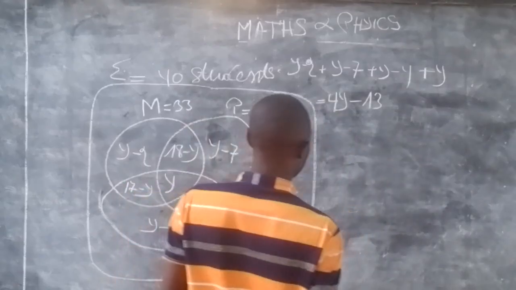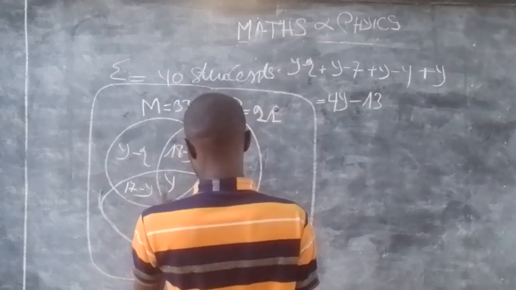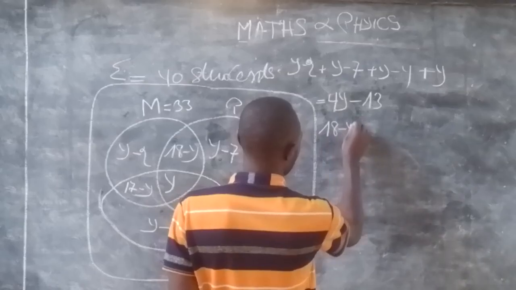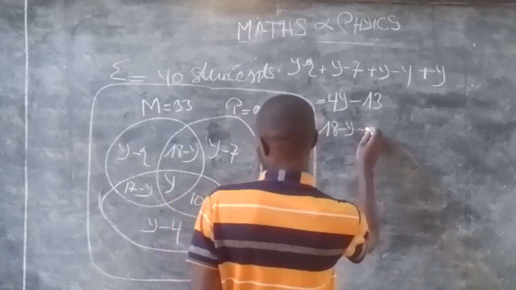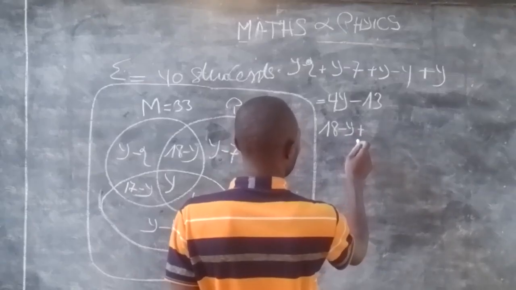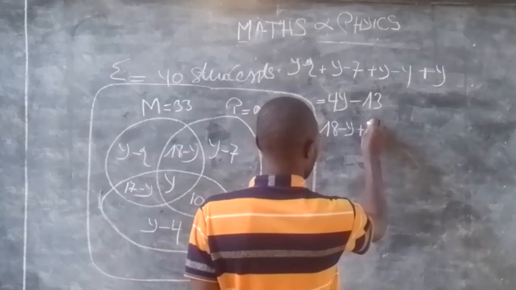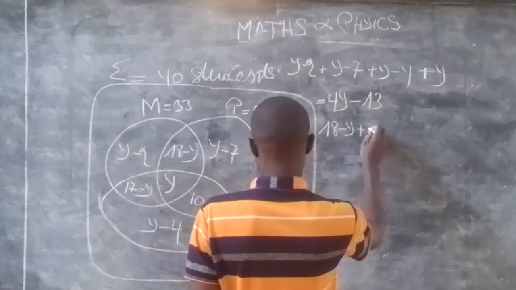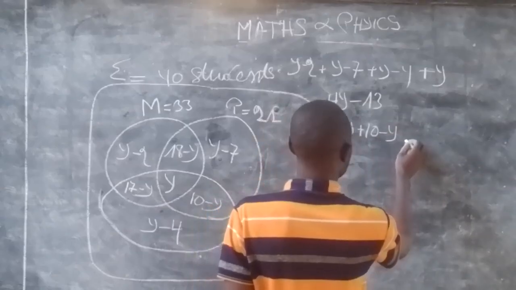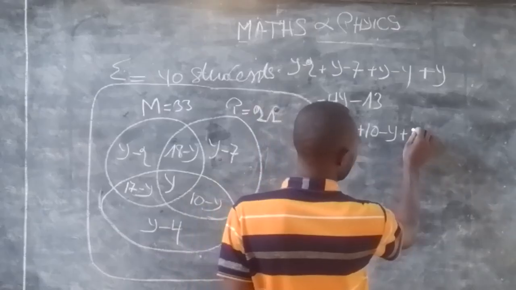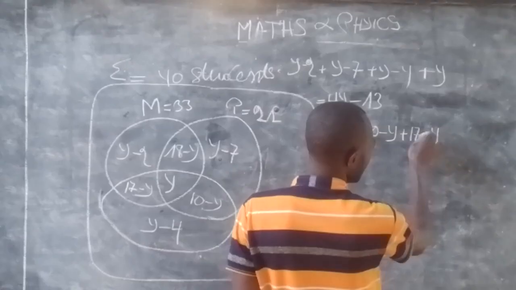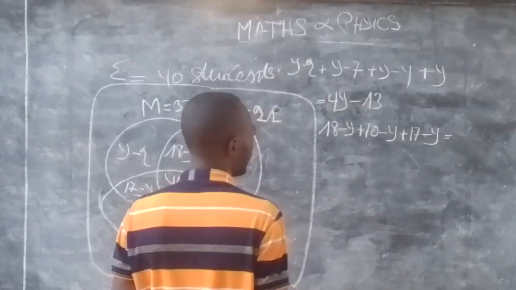We combine those equations, then we find the answer. So here we have 18 negative y positive 10 negative y positive 17 negative y. This is equal to how many?